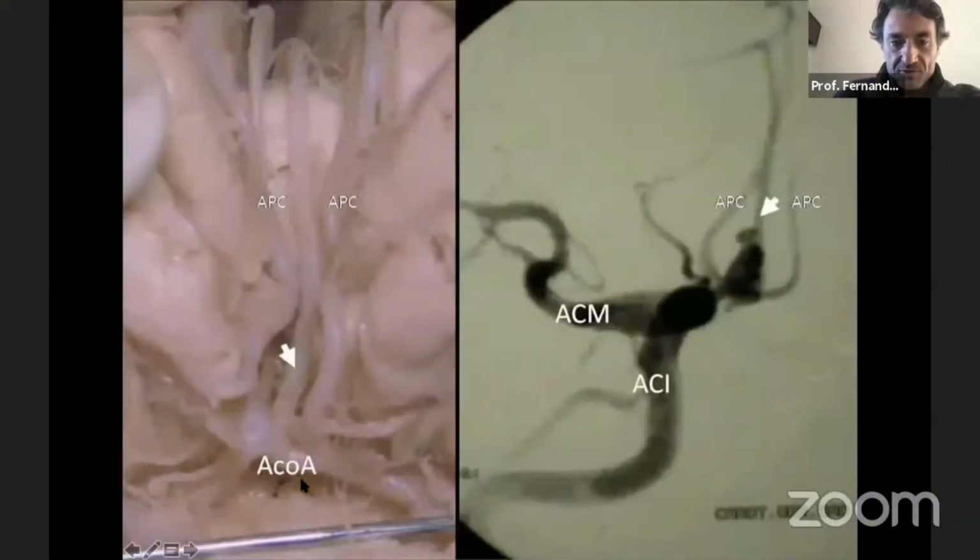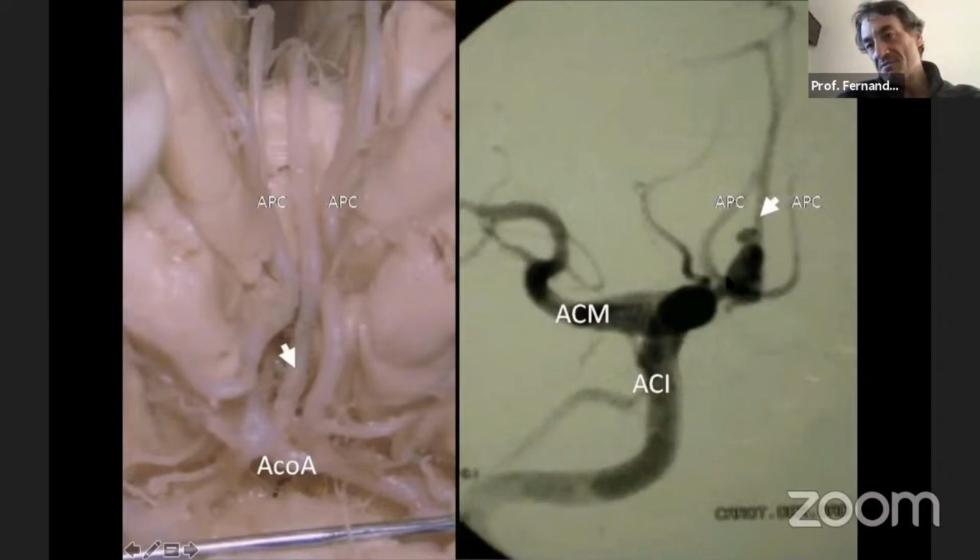The second variation, the third pericallosal artery, called by Lasjaunias the median artery of the corpus callosum. We can identify here A1, the right pericallosal artery, the left pericallosal artery, and here the middle artery of the corpus callosum, or third pericallosal artery.